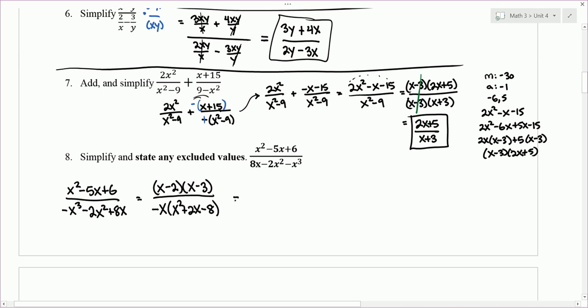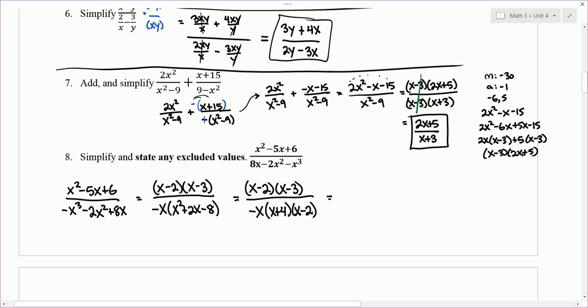Try to factor further. So the numerator, we're done. We got x minus 2 and x minus 3. In the denominator, we have negative x times, can we find two numbers that multiply to negative 8 and add to positive 2? How about x plus 4 and x minus 2?